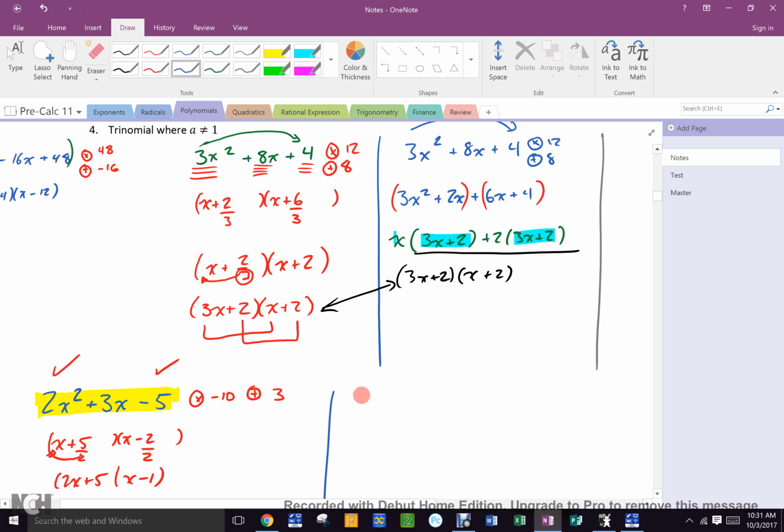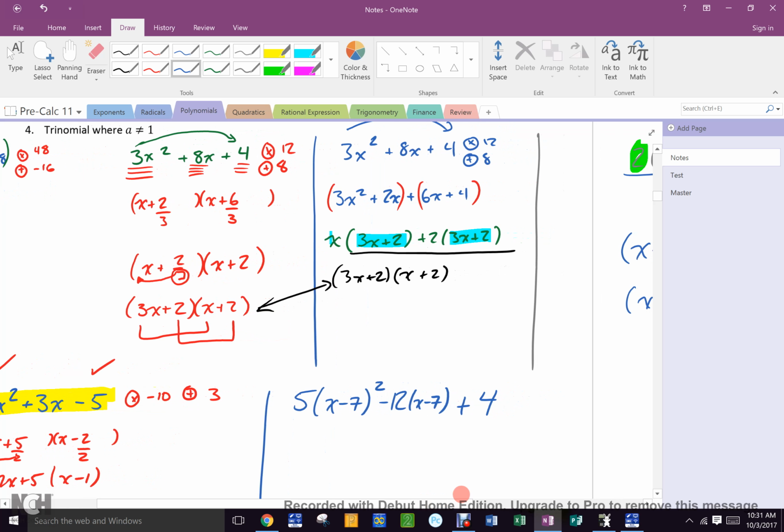Let's go with... This is about the hardest kind of factoring you have possibly seen. And I've given you a good tool for fixing that.